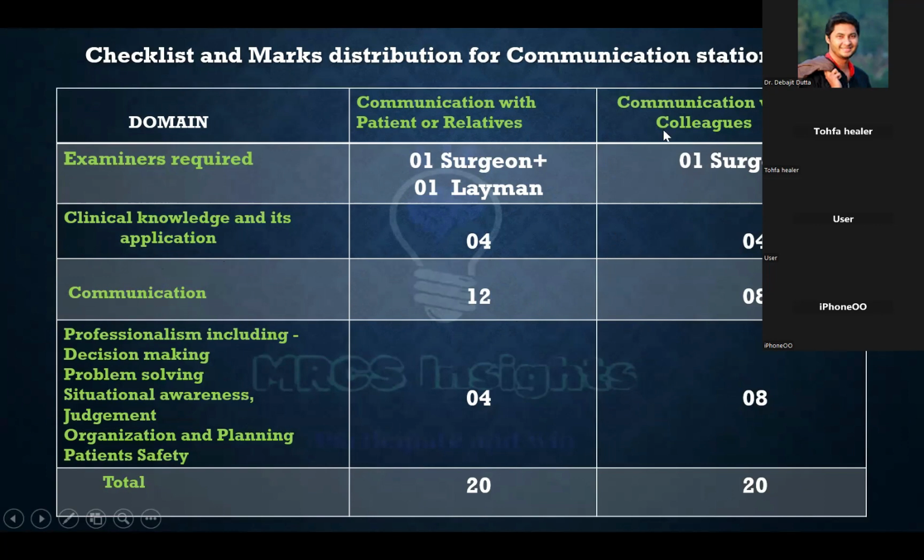On the other hand, in communication with a surgeon or making a phone call, you have to talk to a surgeon, where marks will be equally distributed between the communication part and the professionalism part. The professionalism part includes decision making, problem solving, situational awareness, judgment, organization, planning, and patient safety. And in both of the stations, you'll get about 4 marks for clinical knowledge and its application.